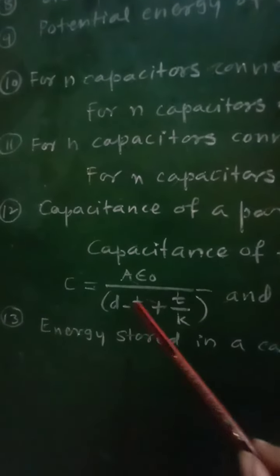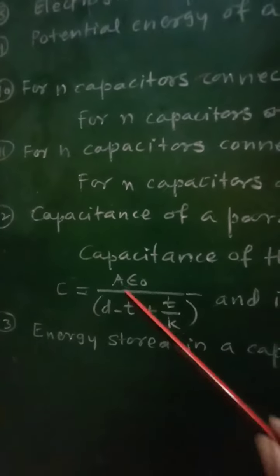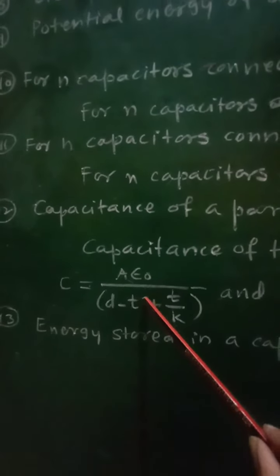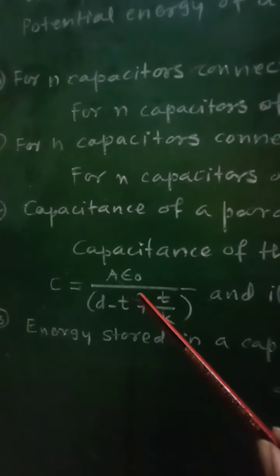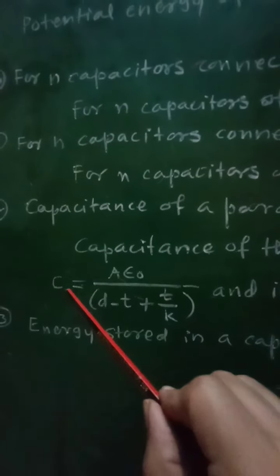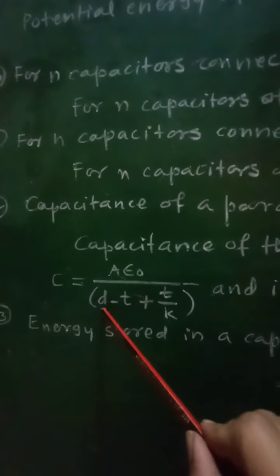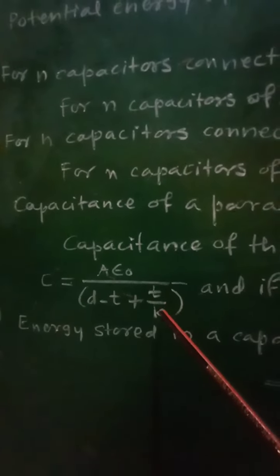So D minus T plus T by K. This formula gives us the capacity of that parallel plate capacitor.